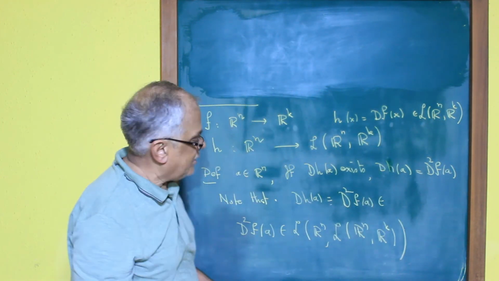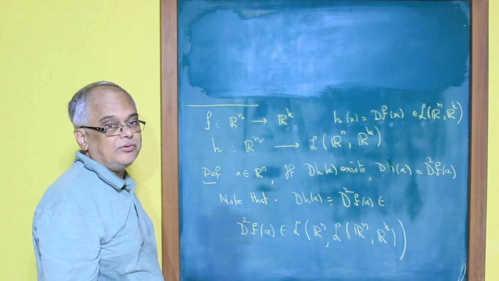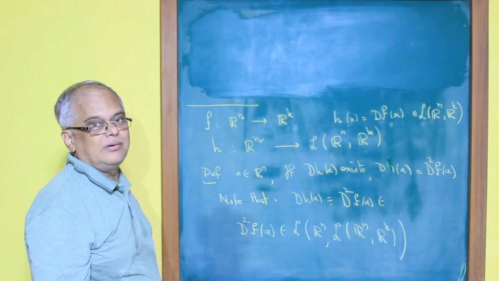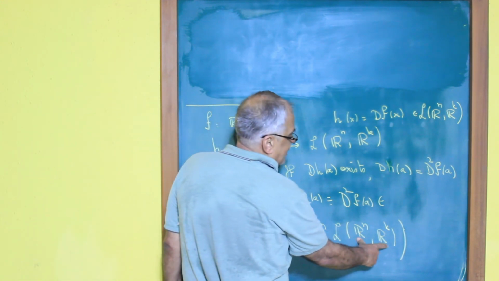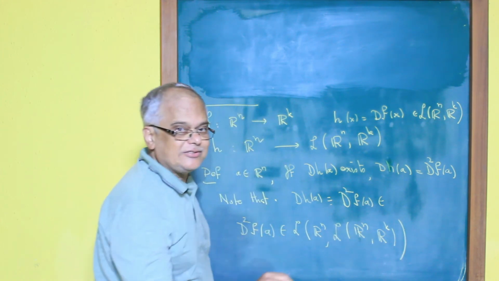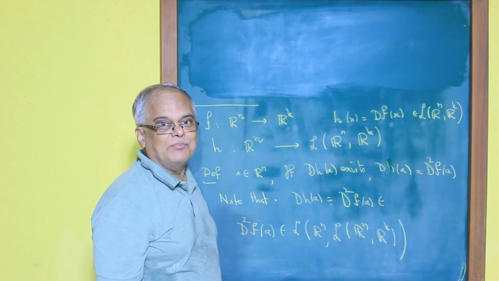here again, you should ask yourself the question, what happens when n is equal to k is equal to 1? If n is equal to k equal to 1, this is linear maps from R to R. But there is an identification of linear maps from R to R with a real number.